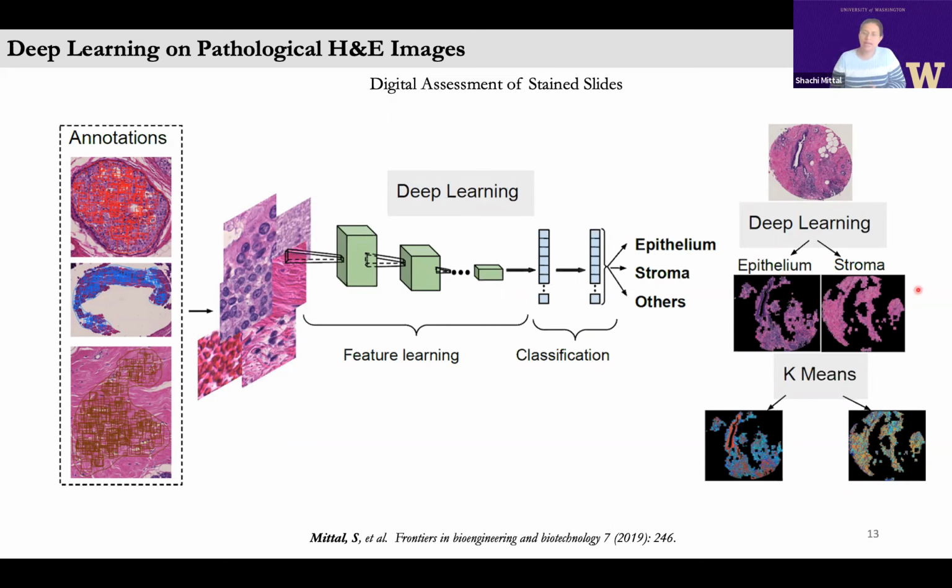And why we did that is because to train a convolutional neural network, sometimes you need a lot of training data. So if we had a very complex model to begin with, our burden on getting that annotation data would have been really large. And once we made this simple model with almost 100% accuracy, we used unsupervised classification to look at different heterogeneous patterns within these individual compartments.